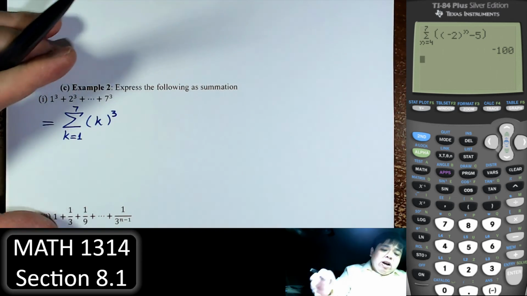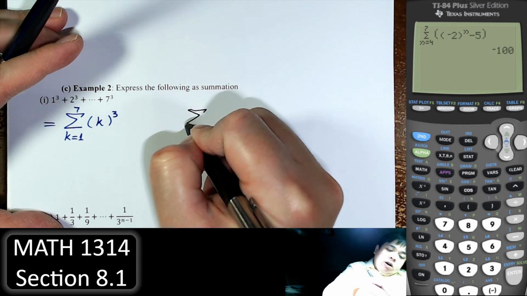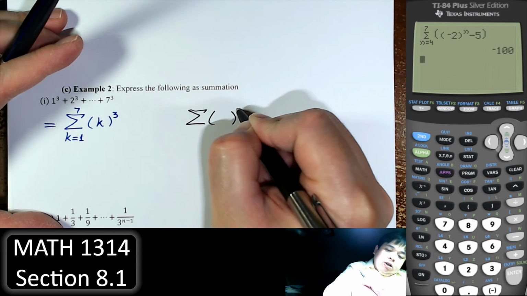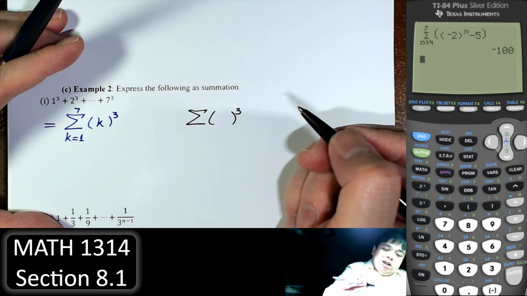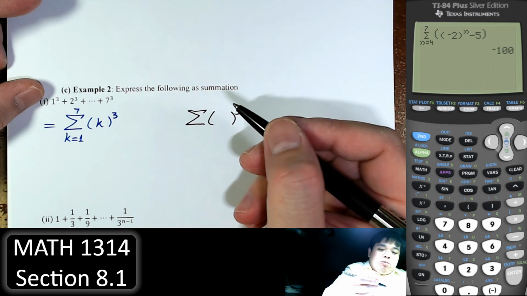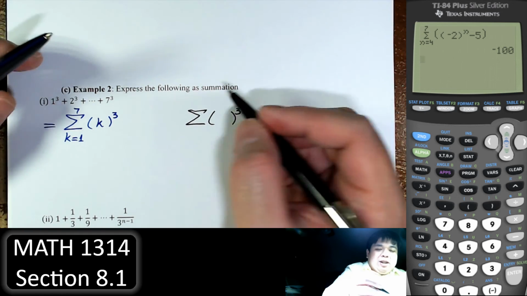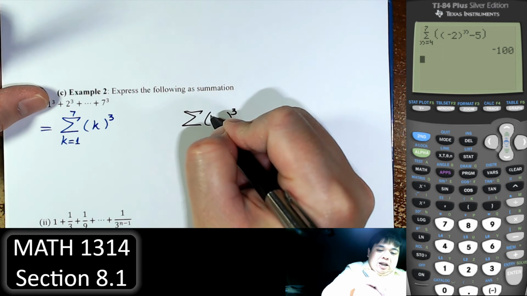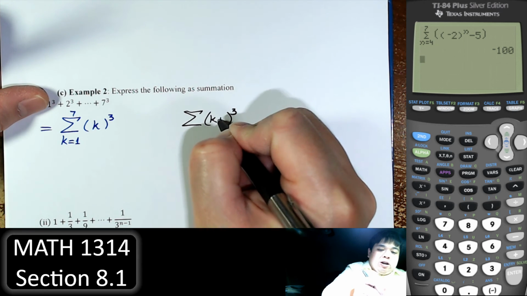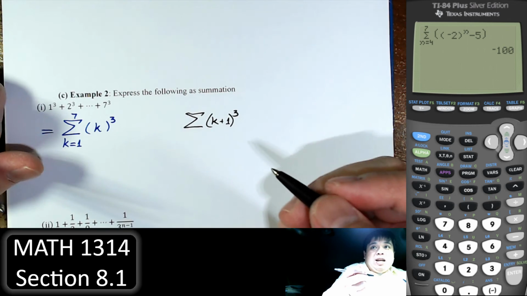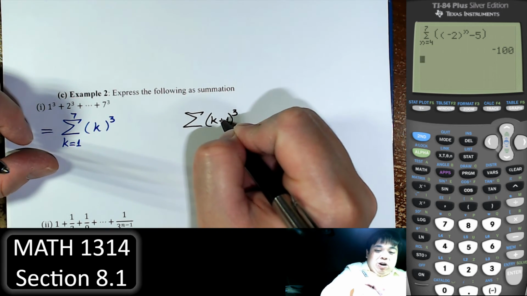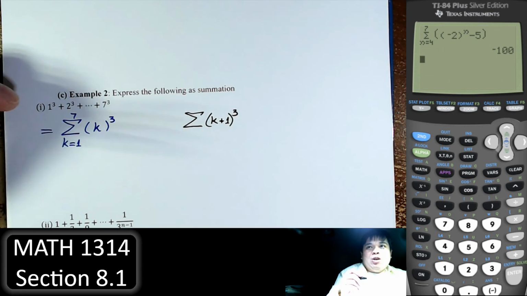Of course, if you don't want that, remember we start with something cube. And let's say we don't want to start with k. If we choose k plus 1, or minus 1, or whatever we want. Let's say k plus 1.